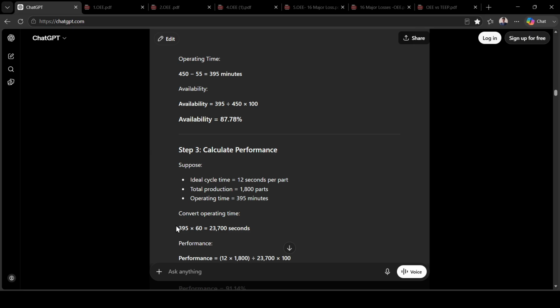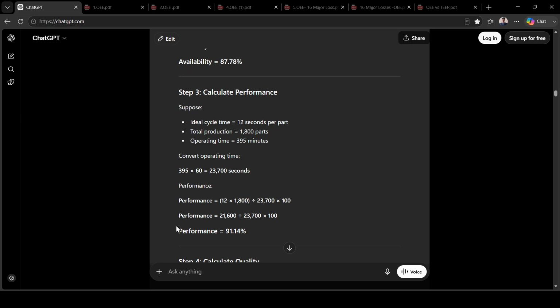Operating time equals 395 minutes. Converting operating time to seconds, 395 times 60 equals 23,700 seconds. So performance equals (12 times 1800) divided by 23,700 times 100.